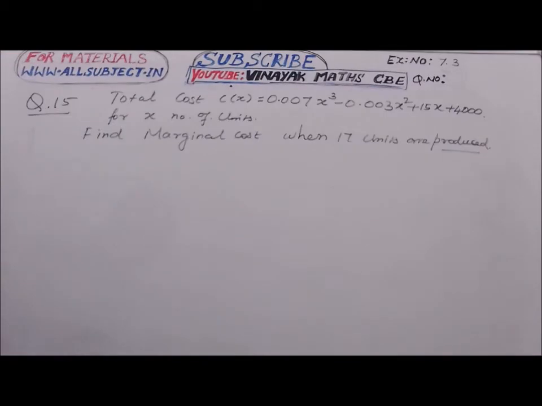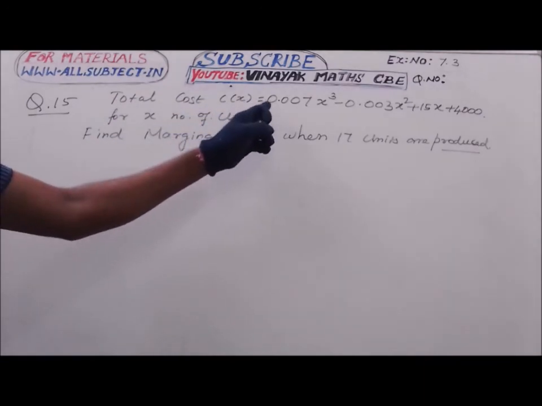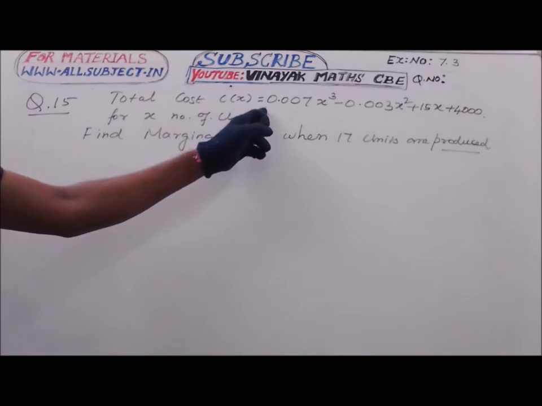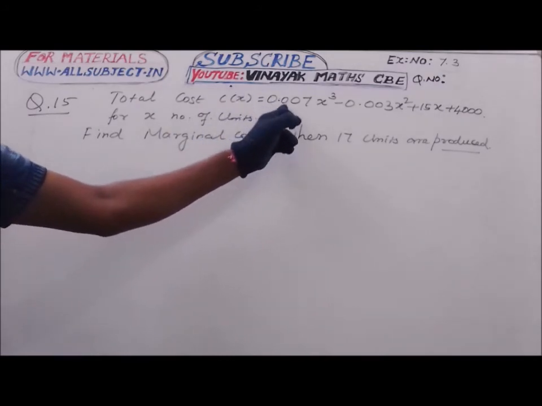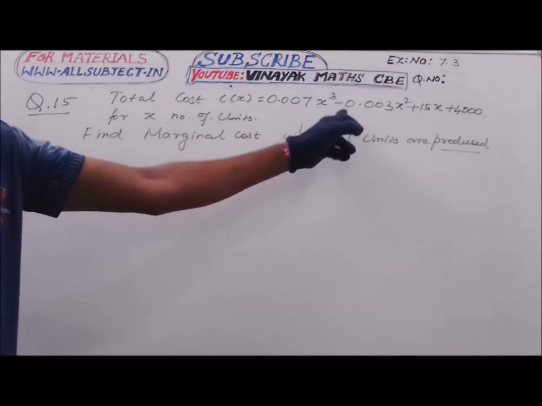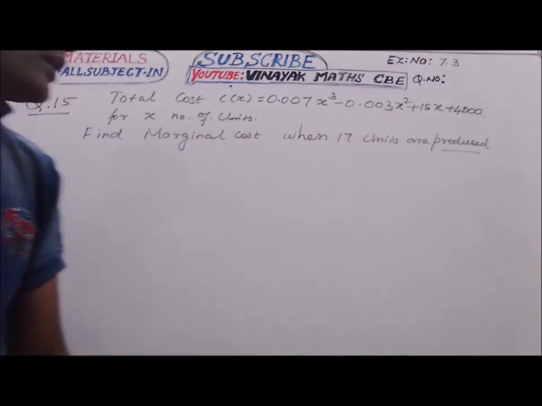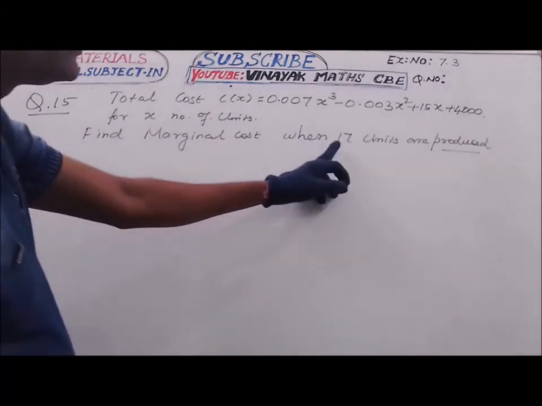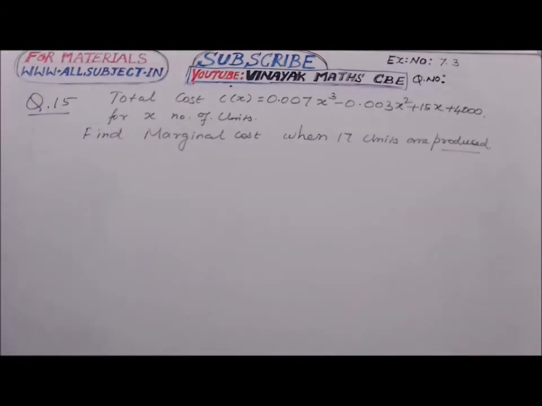Question number 15. Total cost for x units is given by C of x is equal to 0.07 x cube minus 0.03 x square plus 15x plus 4000. Then find the marginal cost when x is equal to 17 units are produced.